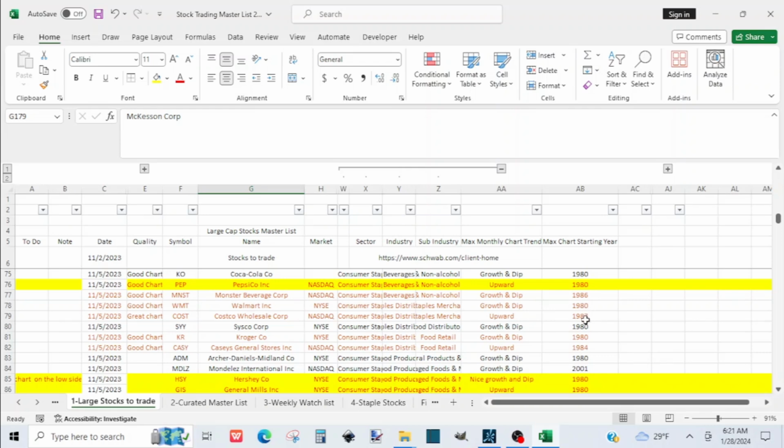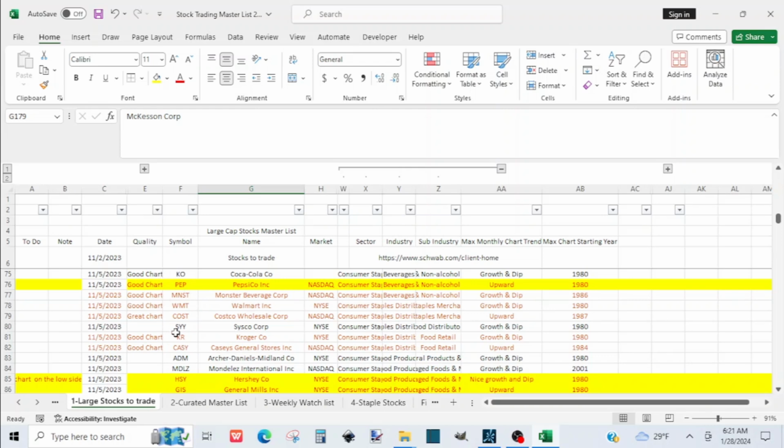I use chart swap to do that. If the beginning of the chart is before 2005, I eliminate those. That means I don't want new stocks on my master list.